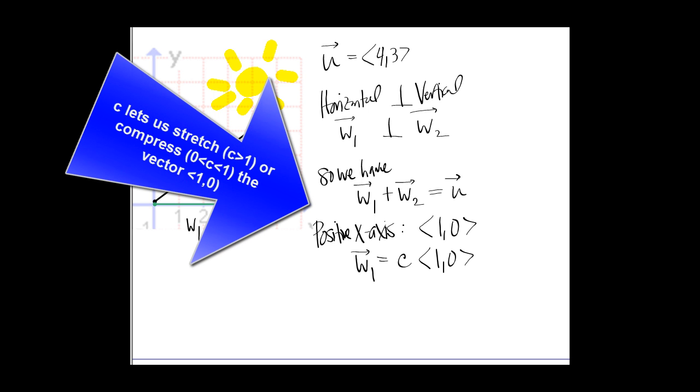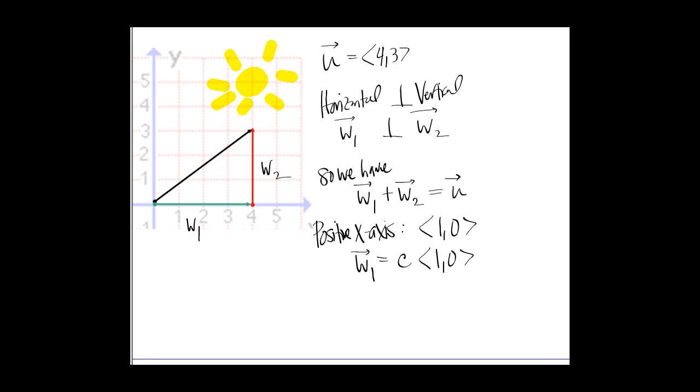If c is bigger than 1, it'll stretch it out. If c is less than 1, like a fraction, it would compress it. So this vector is what we're casting a shadow or projecting vector u onto. It represents the ground.